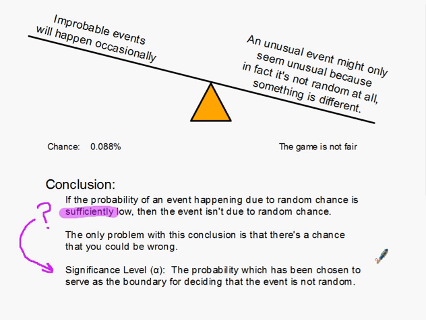And this is the probability which is chosen as the boundary. It should be chosen before you do your analysis. And it's somewhat arbitrary, but the typical values which are used are either 5% or 1%, but others can be used.